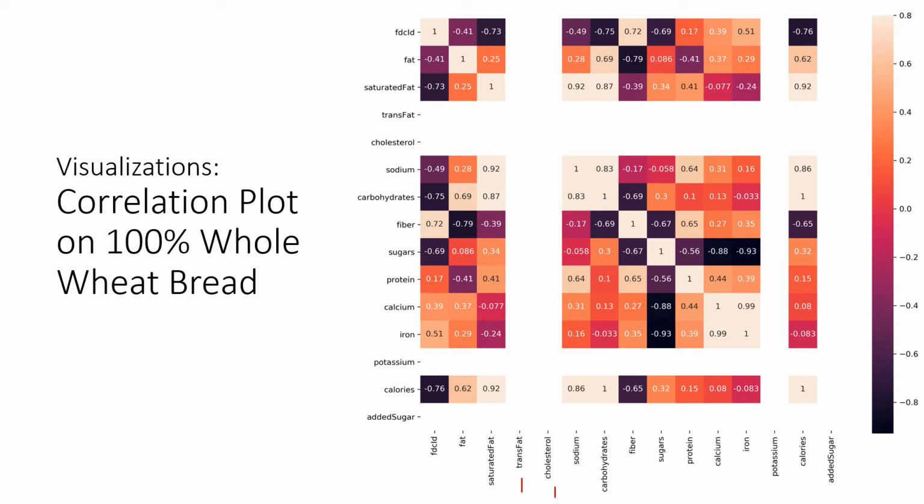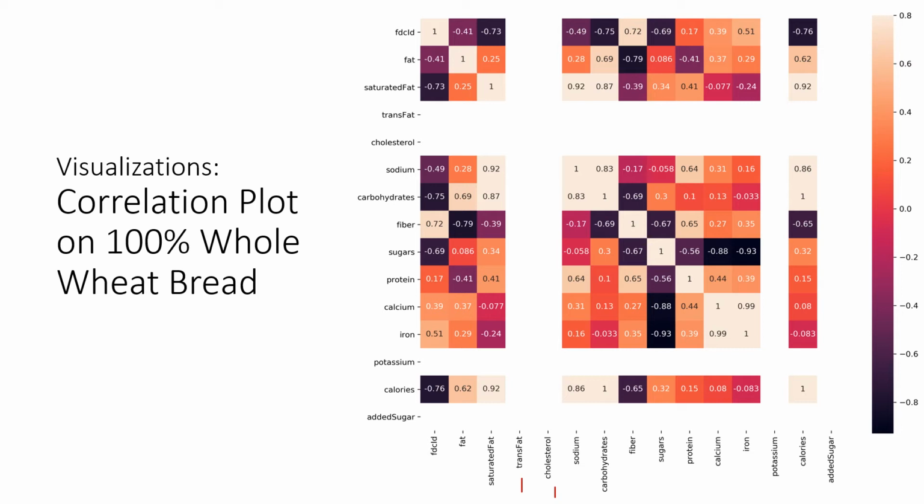This can indicate that those values need to be further investigated to see if there is in fact 0 trans fat and cholesterol and potassium in 100% whole wheat bread products, or are those nutritional values not reported and omitted for some other reason.